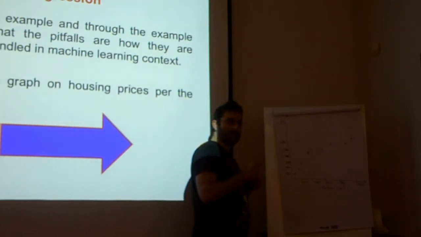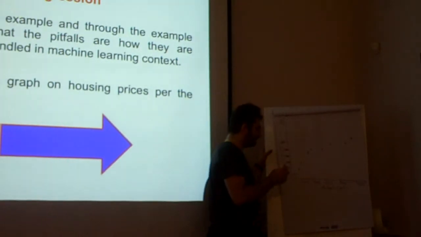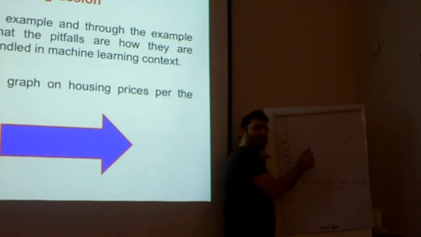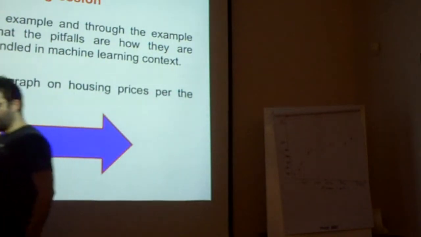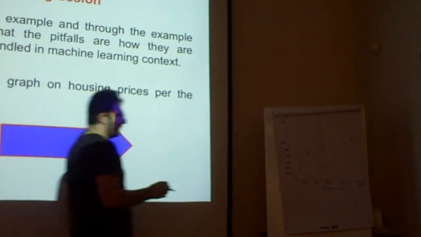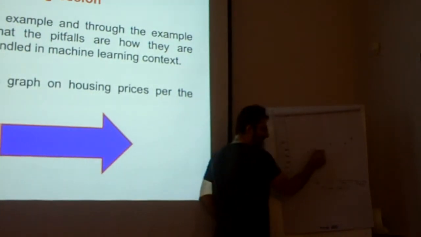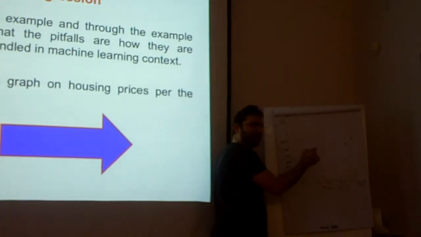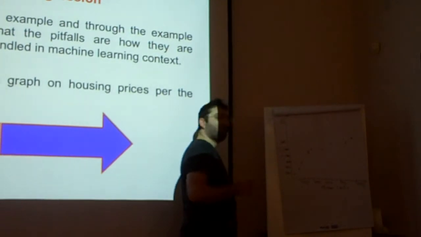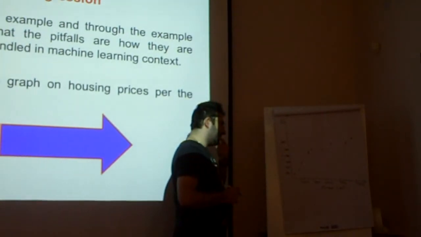Because if I do the regression, then the line will be kind of... What did you look at to say it's 5,000? I looked at the cost at 400. Yes, if you look at the cost for 400 and 600, it's 5,000. So let's say for 500 square meters, it is also 5,000.